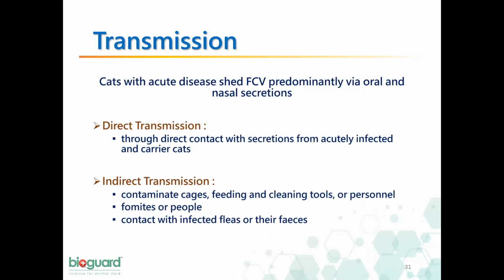One is direct, when a healthy cat comes in contact with the carrier cat. The other is indirect, where there is contamination caused by the carrier cat shedding the virus onto the cage, feeding or cleaning tools, or any personal items used by the cat.